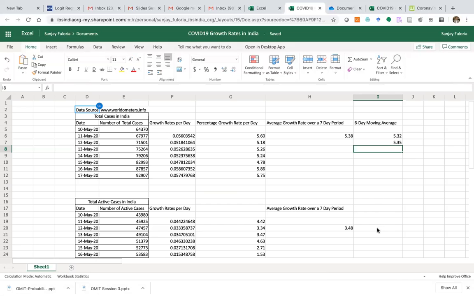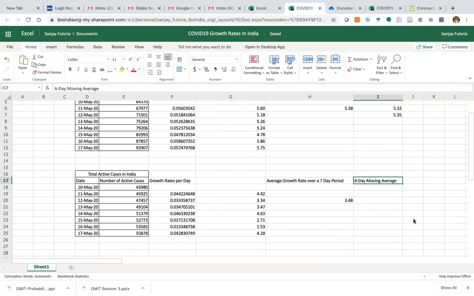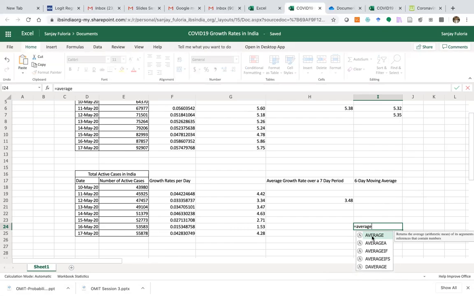Same thing can be done here. So 6-day moving average, let's put the headline here, and first let's find the 6-day moving average for 16th May. It will be the average for the previous 6 days.